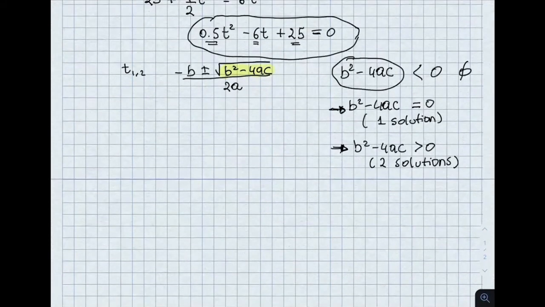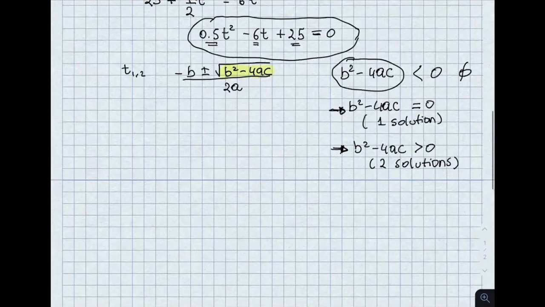Therefore, negative b in this case is negative negative 6. So 6 plus or minus the square root of 36 minus 4 times 1/2 times 25, divided by 1.